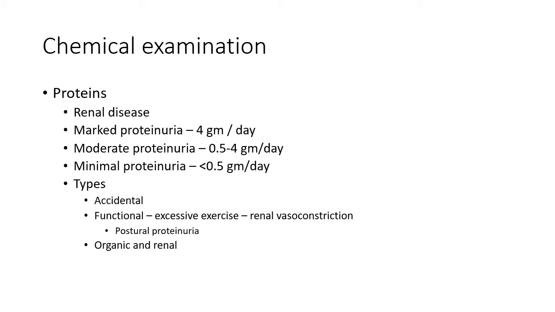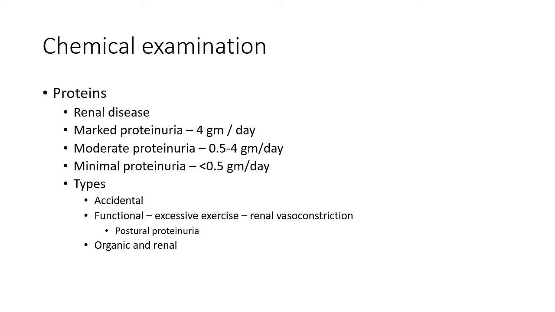Coming to the types, proteinuria can be accidental when there is contamination of urine with blood, pus, vaginal discharge or seminal fluid, or it can be functional or physiologic proteinuria.